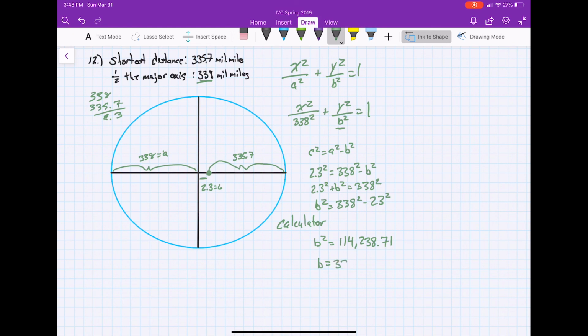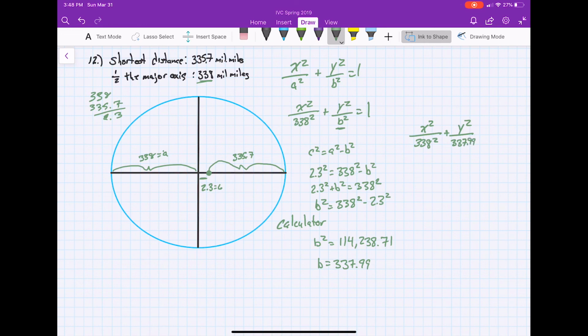So our b is actually the square root of all of this, which turns out to be 337.99 million miles. But that's not our answer. The question asks for the equation, not just the b value. So we are going to write the equation, which is x squared over 338 squared plus y squared over 337.99.